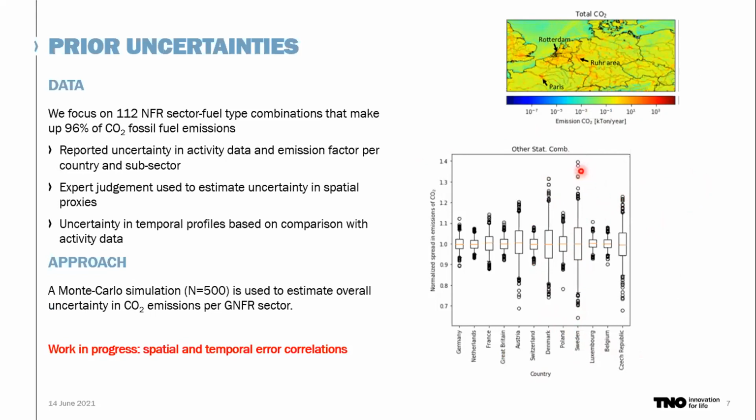These countries use a lot of wood for heating, and wood has a large uncertainty in its emission factor. For example, the natural gas CO2 emission factor is much better known. And you see that, for example, in the spread in emissions in the Netherlands, where natural gas is the main fuel used for heating.